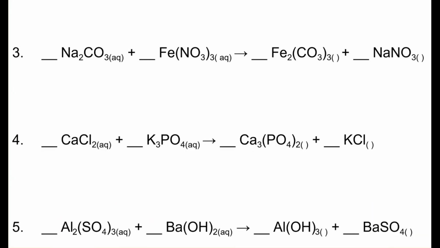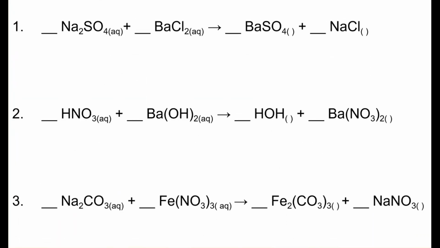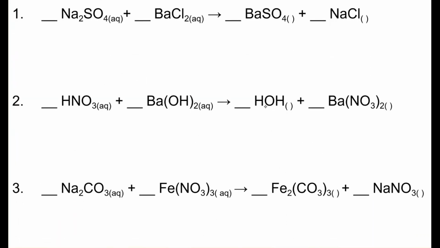And I think it comes up a couple times in the balancing here. Yeah, it comes up once, where I've already written it as water, but HOH, okay? H2O is really H bonded to an O bonded to another H. So we could write it as HOH. That's fine too. Just happens to be that there's two H's and one O in this.